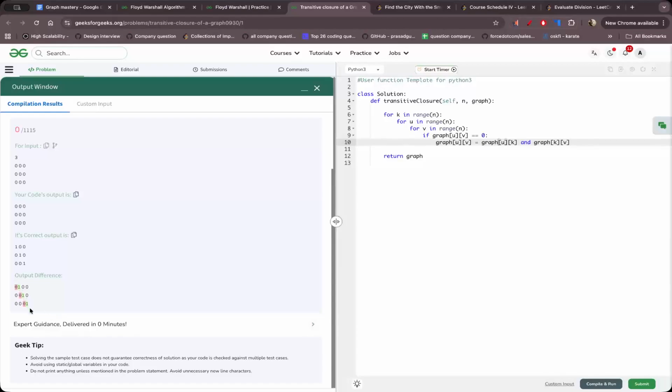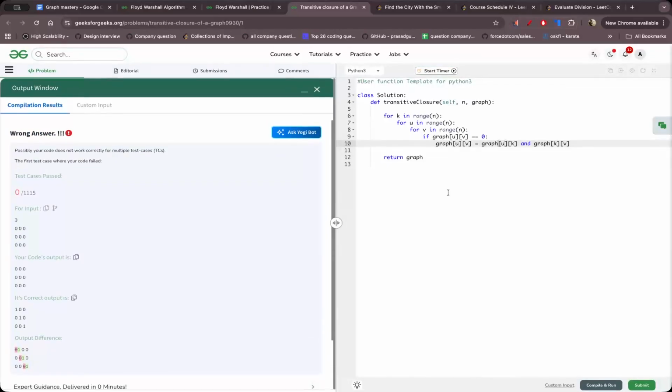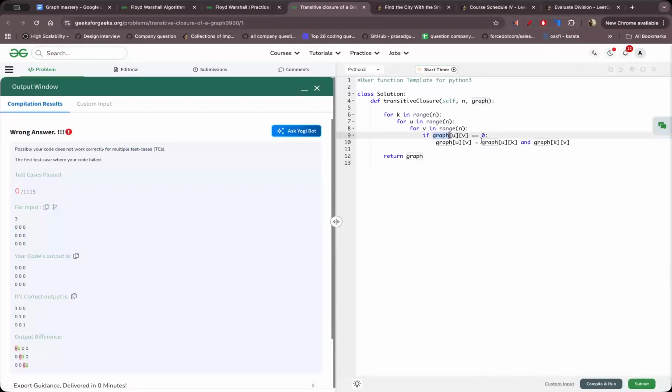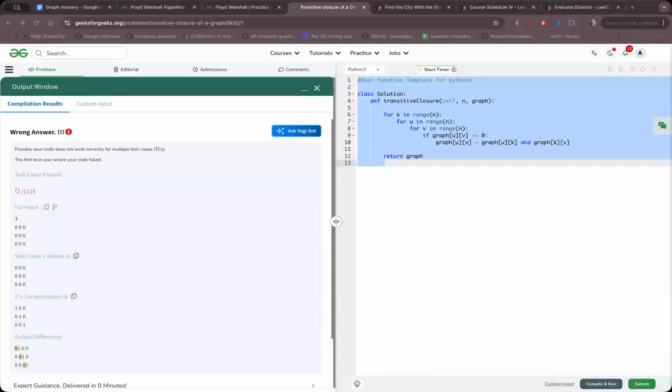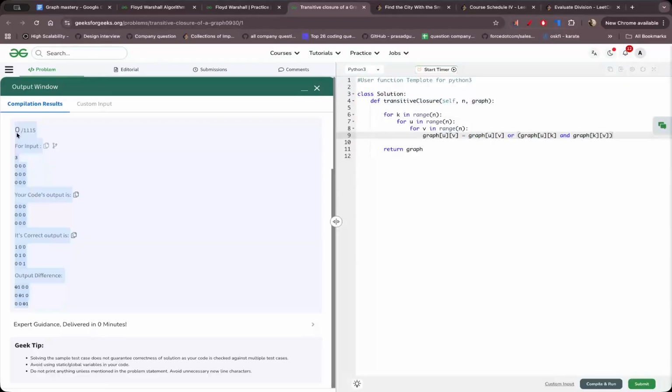By default, oh, my output is 0 0 0. What's wrong here? If u to v is 0, then only I'm going inside. Okay, so what is the, oh, got that. So basically they gave the input, it's not in the correct manner, I would say.